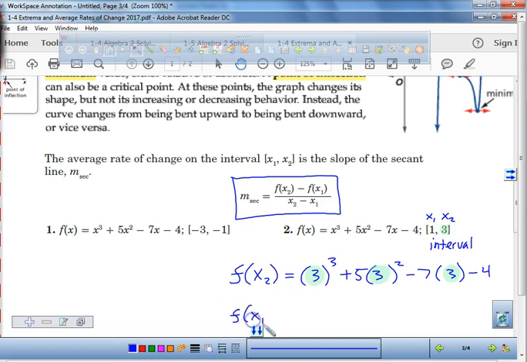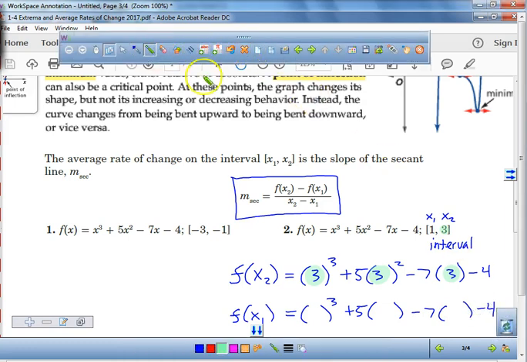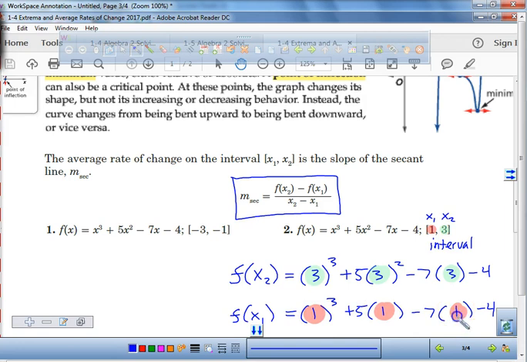And you would do the exact same thing for your first x value, which happens to be 1. So you plug in a 1 there, a 1 there, a 1 there.